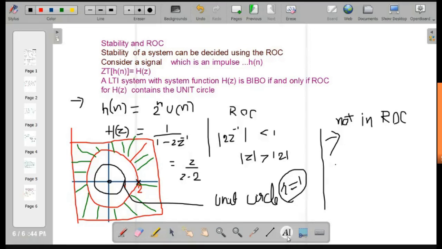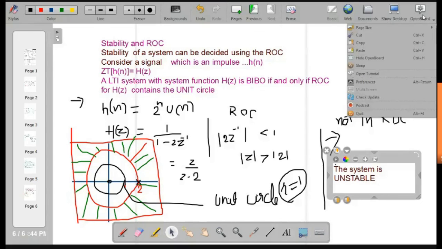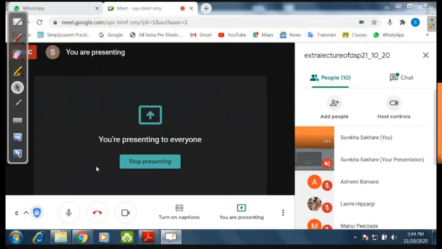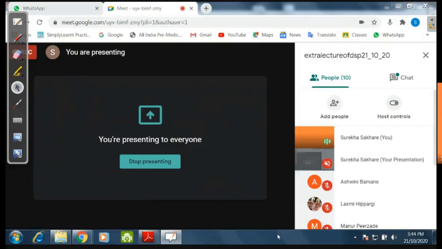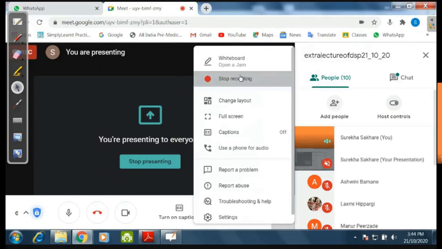Therefore, the system is unstable because it is not in the ROC. So just see that we have done this very nicely, comparing the different ROC.